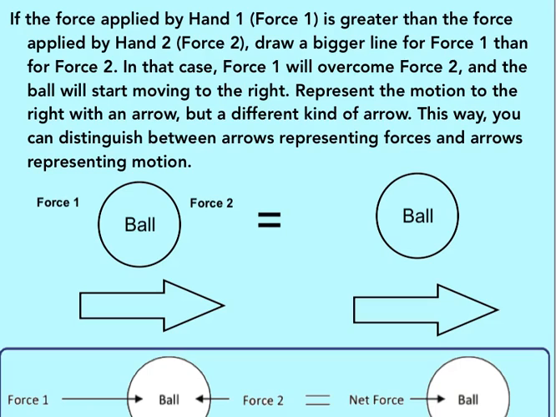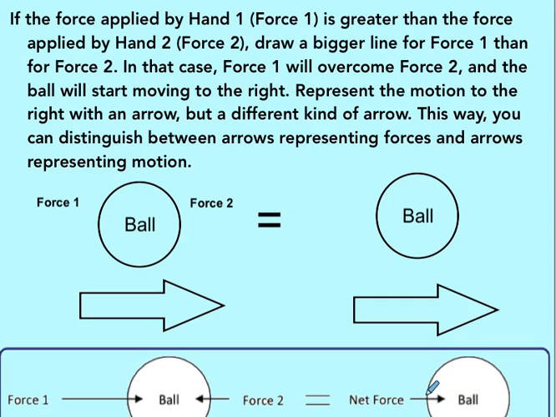So if the force applied by hand 1 is greater than the force applied by hand 2, this is how we got the ball to move. And we can actually start drawing larger lines. Do you notice how this line is larger than this line here? This would represent that force 1 was larger than force 2. So that means the ball should move in that direction.